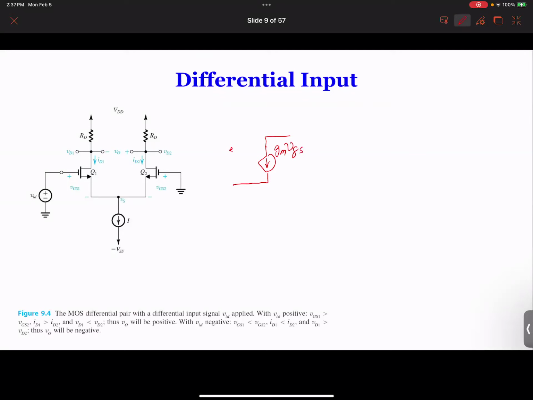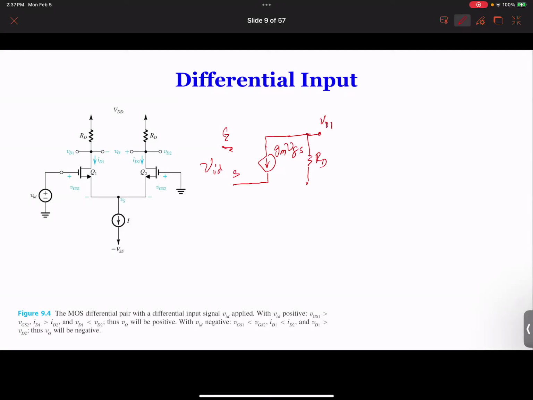We call it VGS, but in this case, VGS is same as VID. And we're not going to include the RO, but we're going to include this RD in the circuit. So that's your right hand, so that's your VD1.